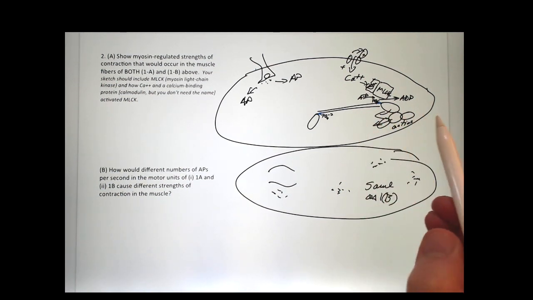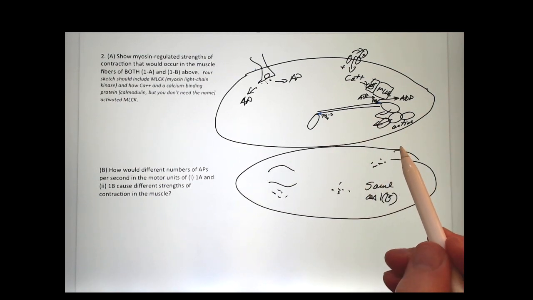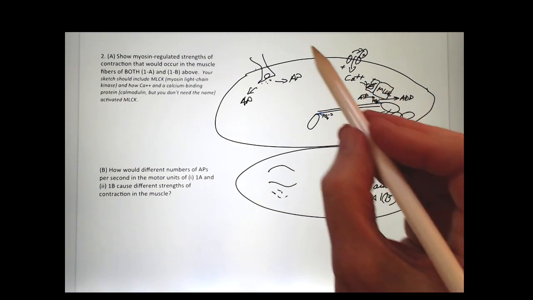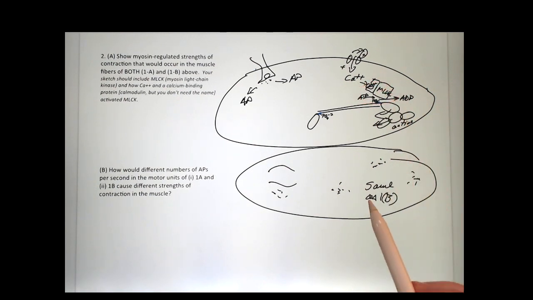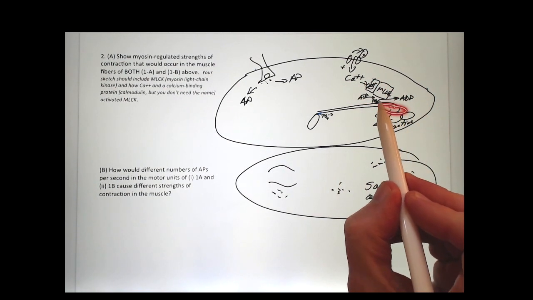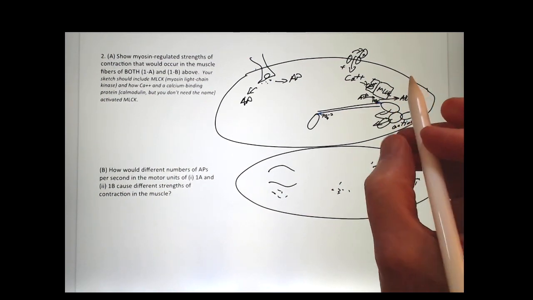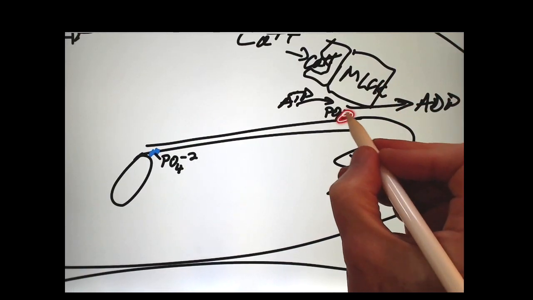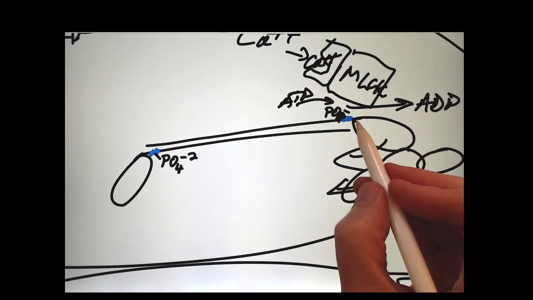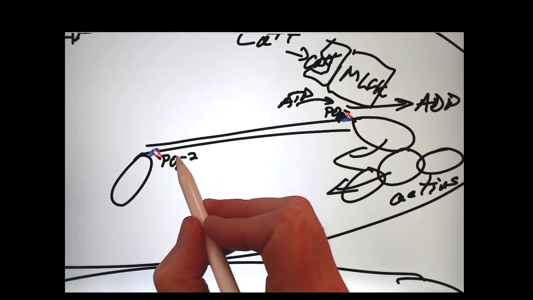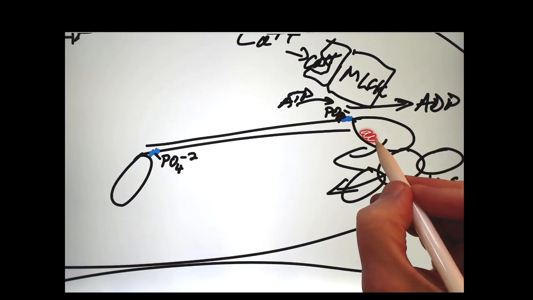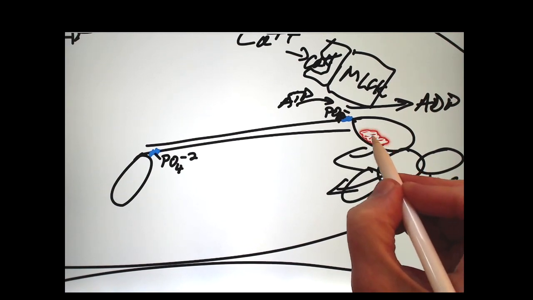Or we could have a metabotropic receptor, but again, letting calcium in and doing the same pathway. So in both cases, we're using myosin regulation. We're phosphorylating myosin. This is, remember, not the location where ATP binds, and this is a covalently bound phosphate. ATP binds at another site on the myosin head and the myosin heavy chain.